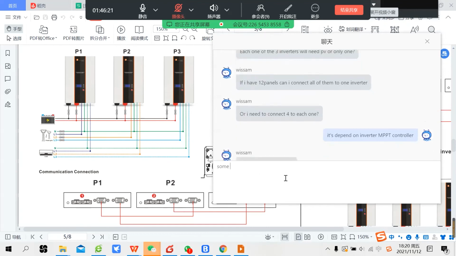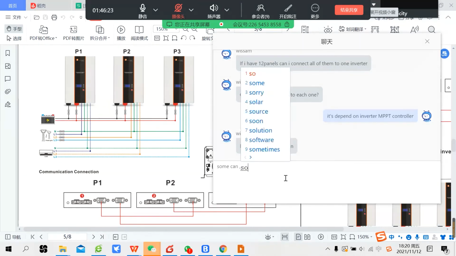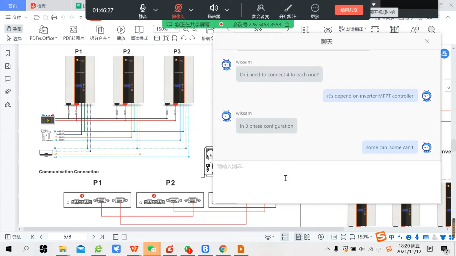Some can, some cannot. This question about the panel layout doesn't matter with single phase or three phase parallel. It only matters with the inverter's specification.